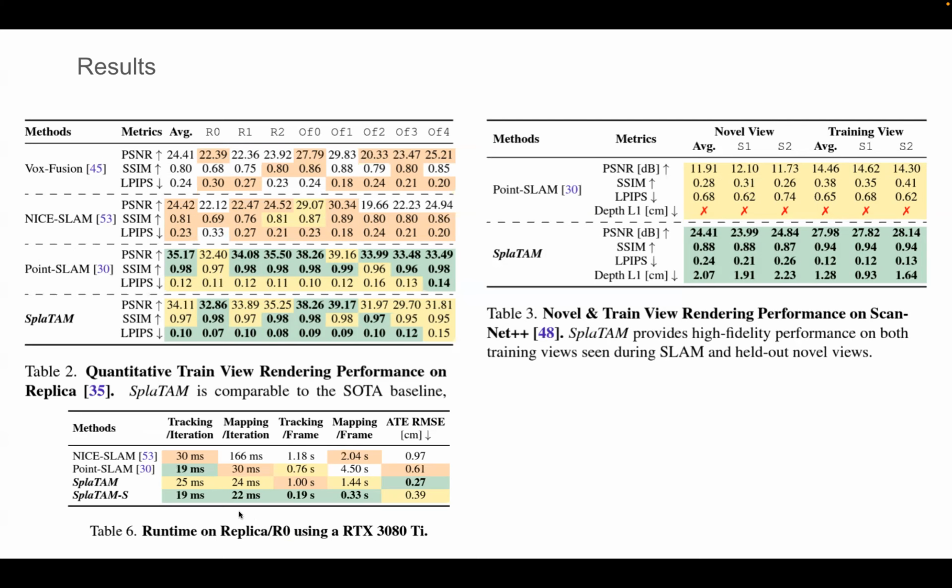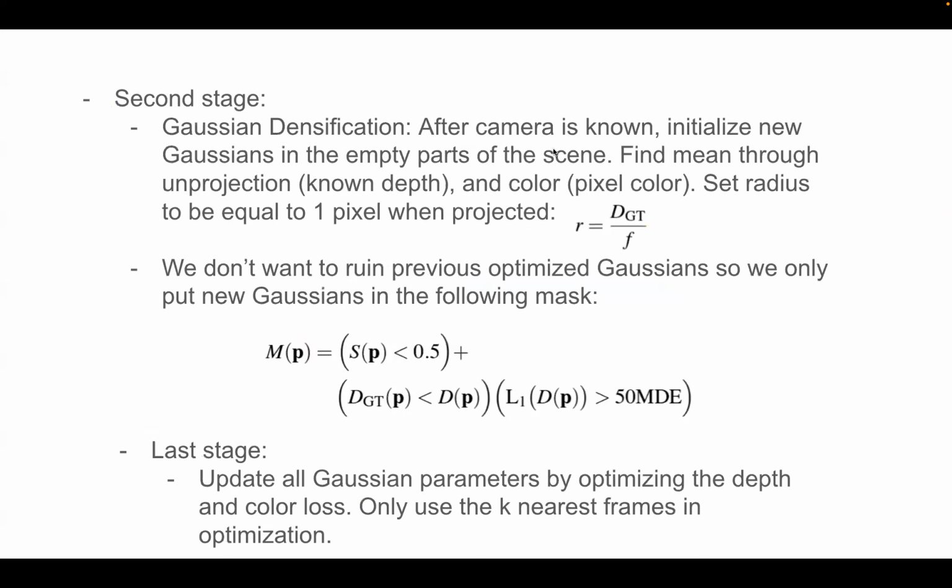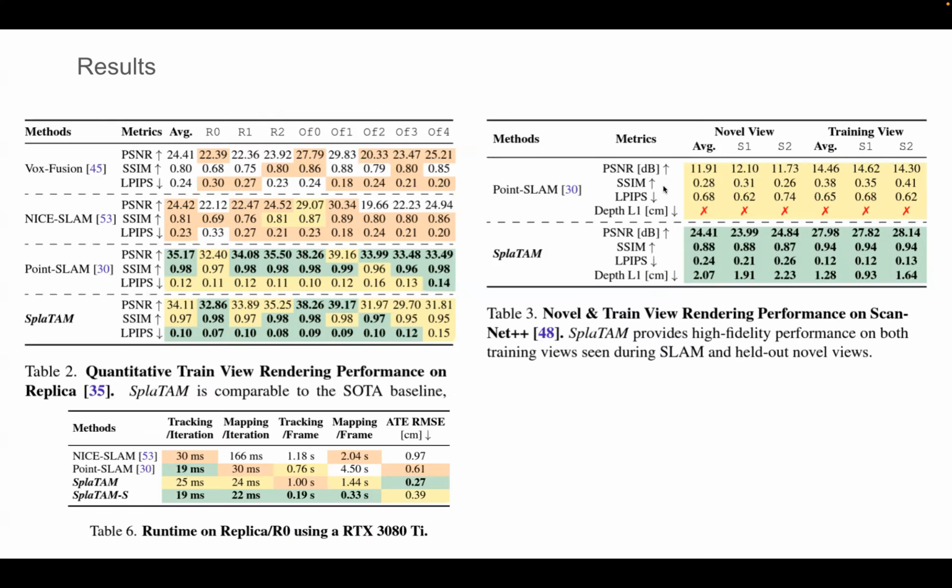So you can capture NeRFs or Gaussian splats in real time with this. And this Splat-S is when you use half resolution for the Gaussian densification part. So instead of projecting all the pixels, you project half of them. That's very fast and also relatively good in terms of trajectory error.